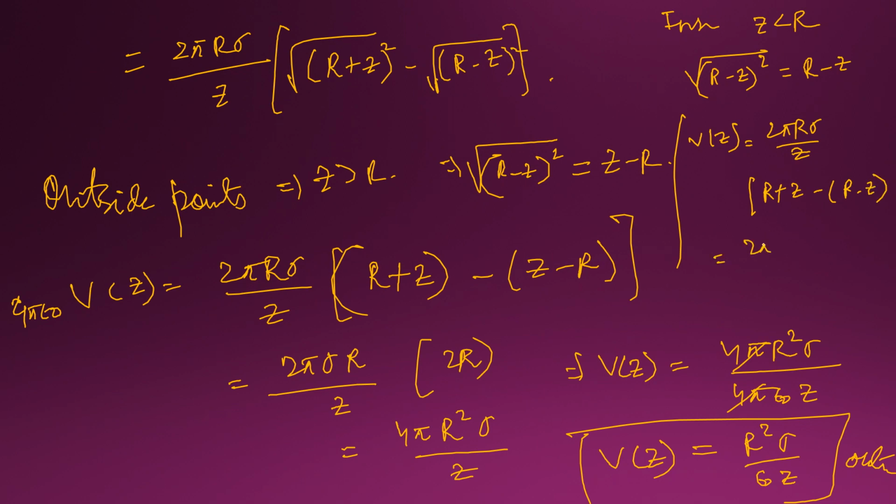So 2 pi r sigma by 4 pi epsilon naught, z gone, 2 by 2, so r sigma by epsilon naught. So Vz is equal to r sigma by epsilon naught. This is your inside point.